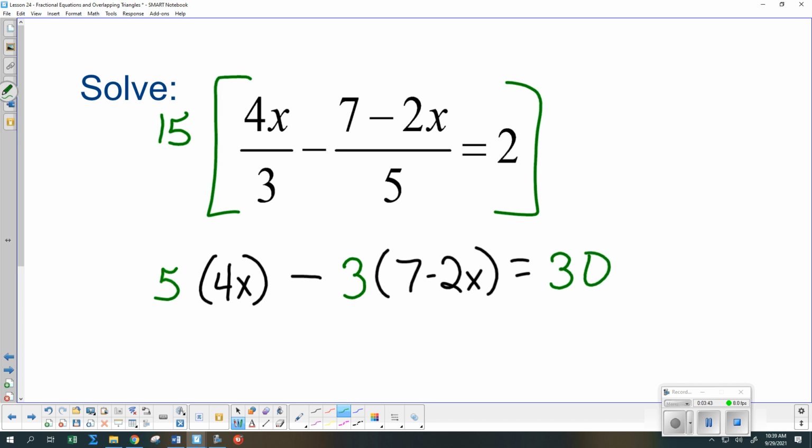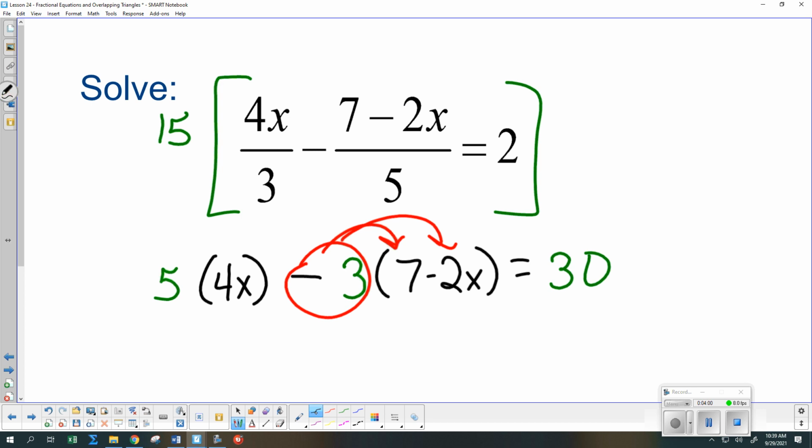So I just have the 30 over there. Now what you need to be careful about, we are subtracting this whole thing. So do not forget that that minus 3 is what gets distributed to both parts here.